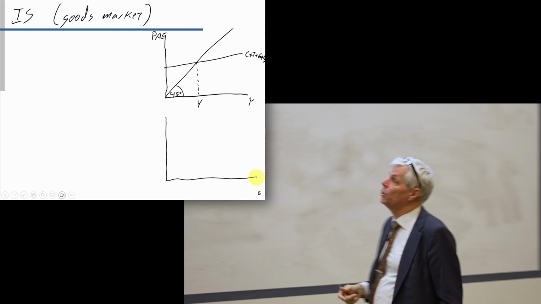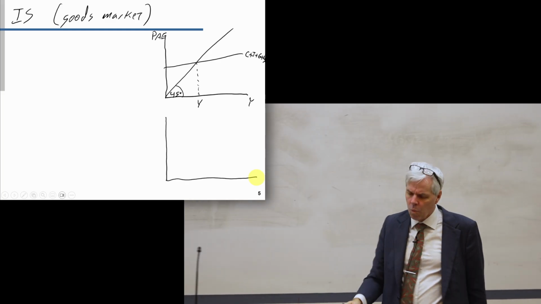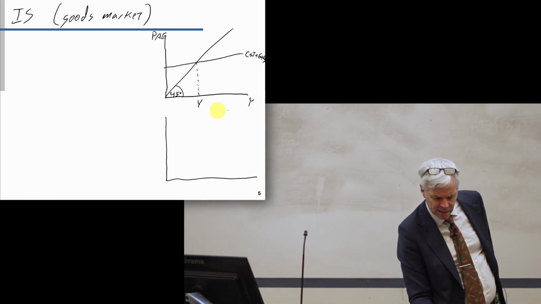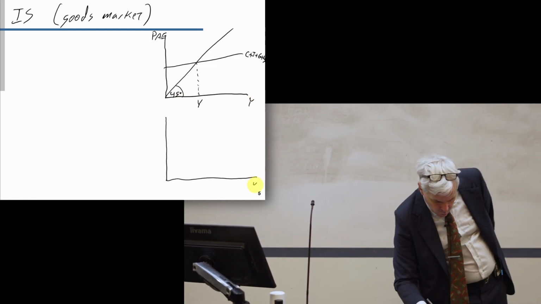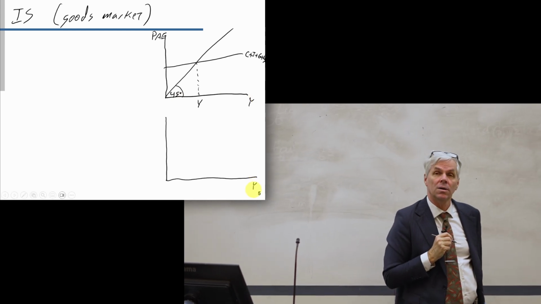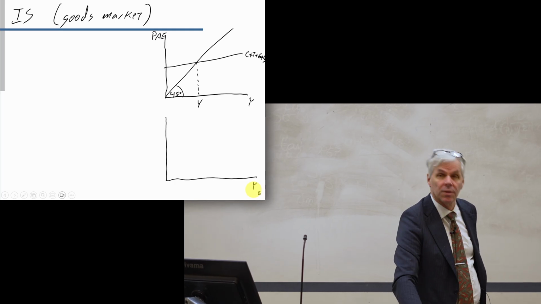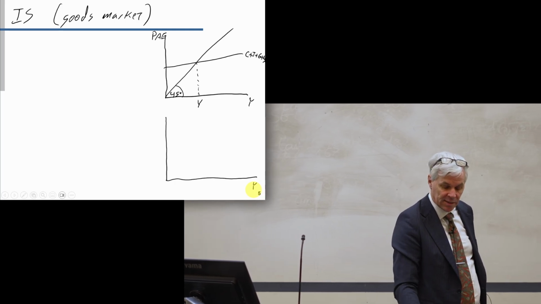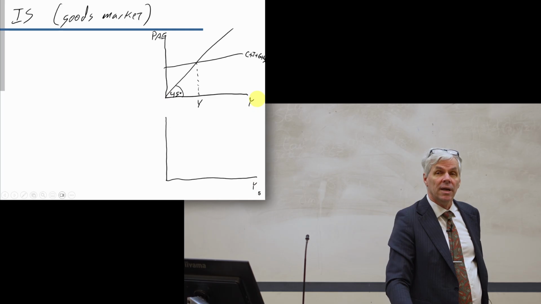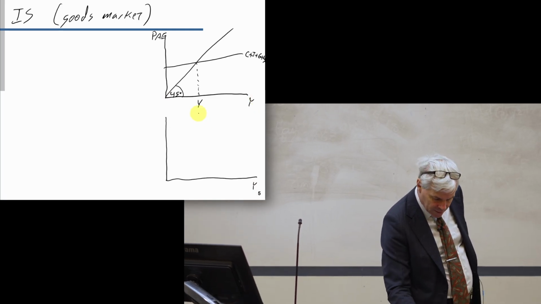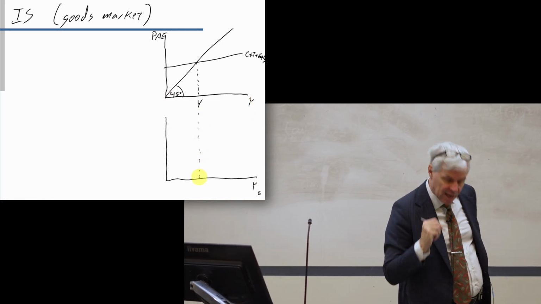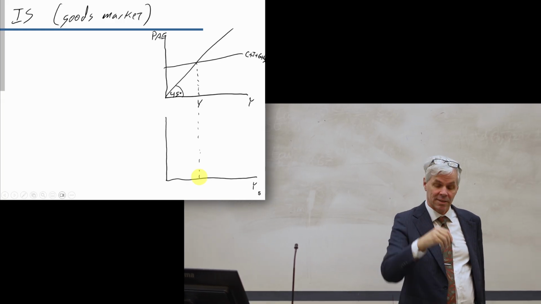So I'm going to connect those two. I have Y on the x-axis here, so I'm going to put Y here as well, so that I can just go up and down and compare these two. This Y is in fact the same as that Y. Just carry it right down.